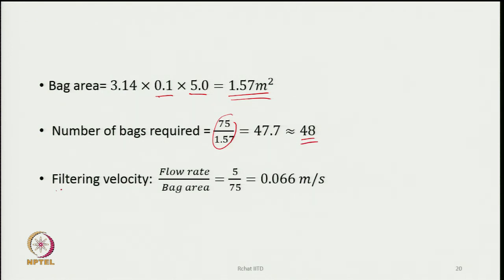And what will be the filtering velocity, that is the face velocity of the air? That will be flow rate divided by bag area, 5 by 75, which is 0.066 meters per second. That is how we can find out how many bags we require and what the filtering velocity will be.